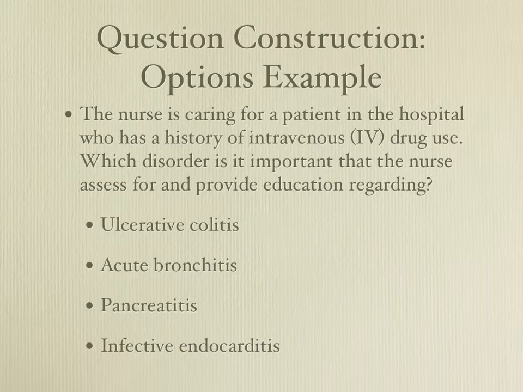So a student is going to have to know a little bit about ulcerative colitis as well as IV drug use association with other disorders. Acute bronchitis is not associated with IV drug use, and the same thing for pancreatitis. And so we're going to go with option D, or the fourth option here, which is infective endocarditis. So you can see that all of the options presented here are plausible, and we picked option D, or number 4.